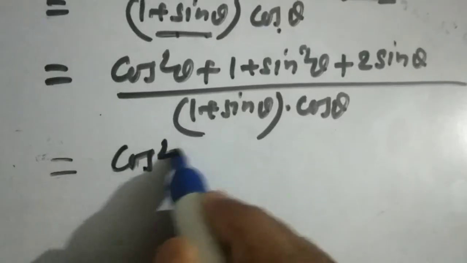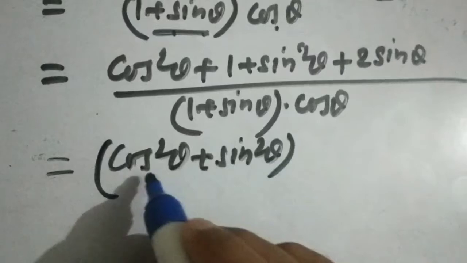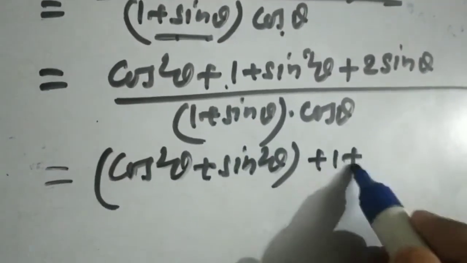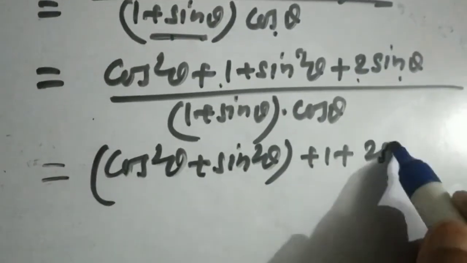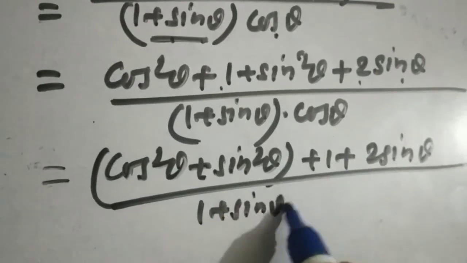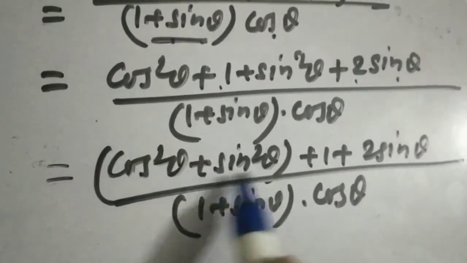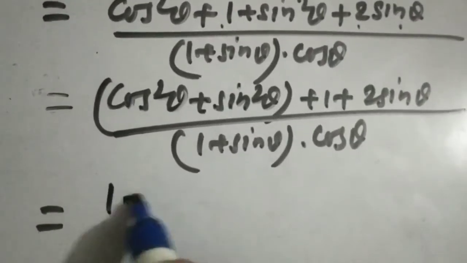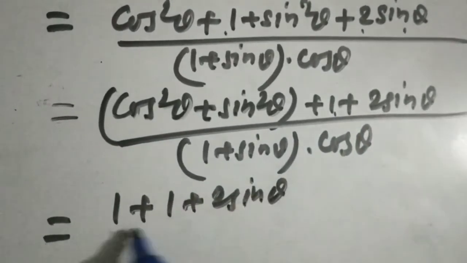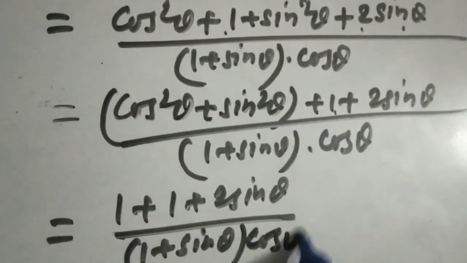Then cos square theta and sin square theta will be together because it is an identity, and then plus 1 and plus 2 sin theta upon 1 plus sin theta into cos theta. Cos square theta plus sin square theta is equal to 1, and 1 is already here, plus 2 sin theta upon 1 plus sin theta into cos theta.